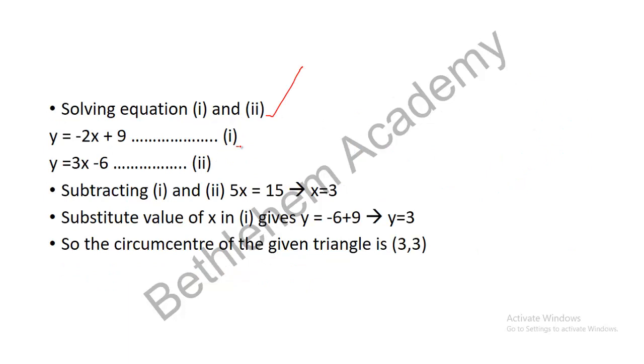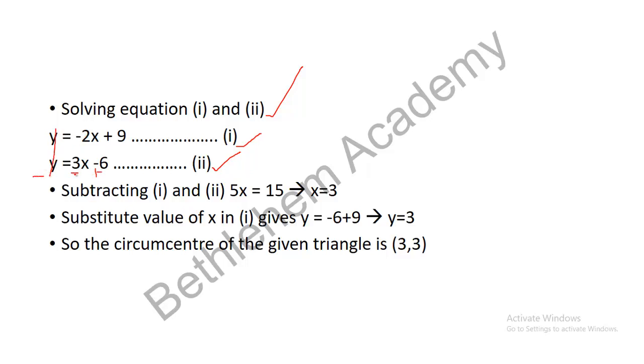So I have equation 1. This is the equation of the perpendicular bisector to AB. This is the equation of the perpendicular bisector to BC. Then solve them simultaneously. I can subtract 1 and 2. Then when I subtract, this is minus and this is plus, and then this is minus, and then this gets cancelled.